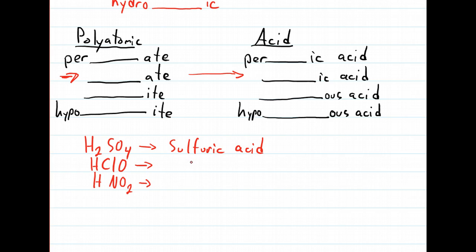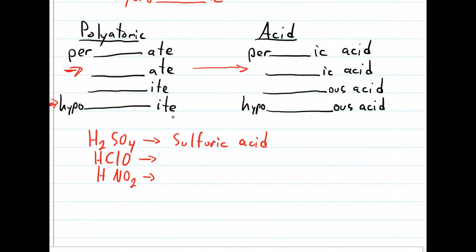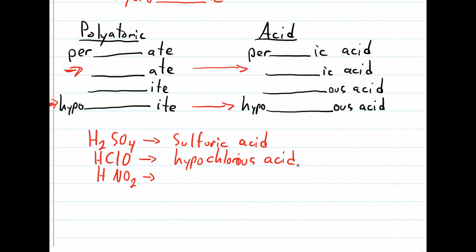So our polyatomic is hypochlorite, so we scroll over, and our acid becomes hypochlorous acid. Make sense?